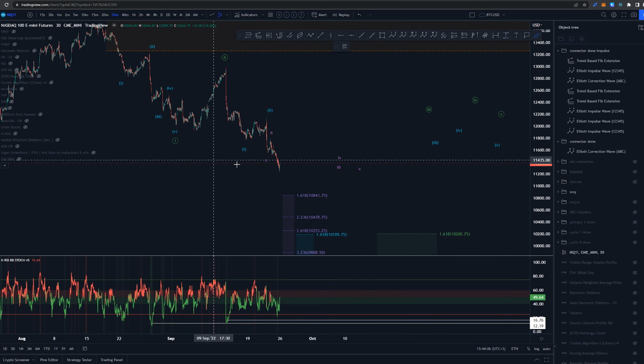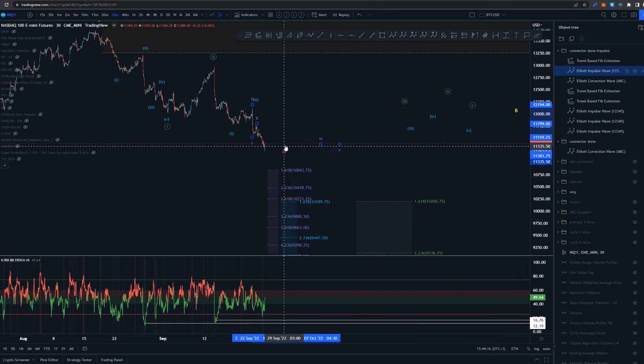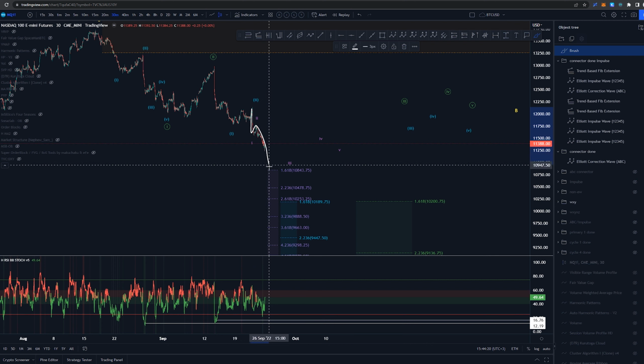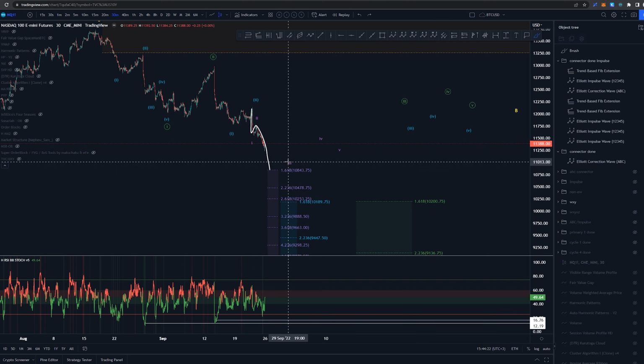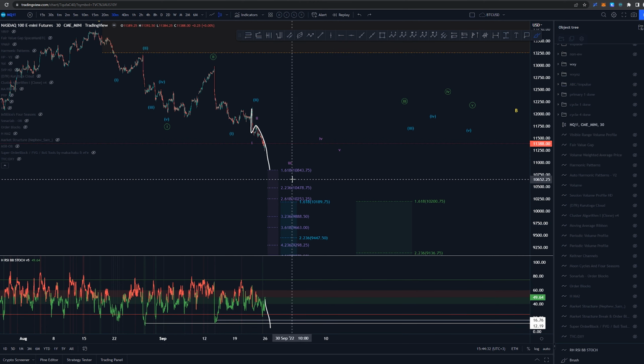Also, for this count, what we would be tracking is taking out these previous lows here on RSI. That would tell us that, okay, we are on a third of third, meaning this third, which is happening right now, should be getting at least to the 1.618, should have the most momentum behind it, taking out the previous wave 3s that we've had here on these possible impulse wave structures.